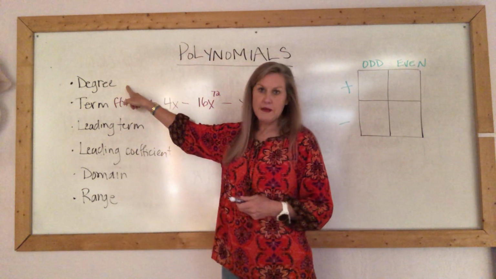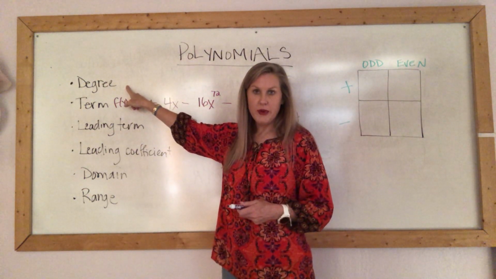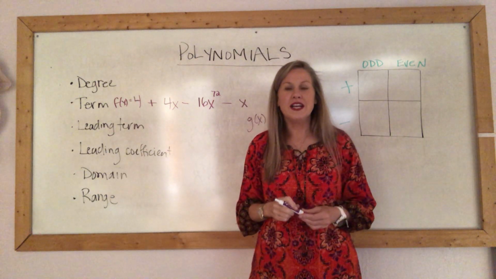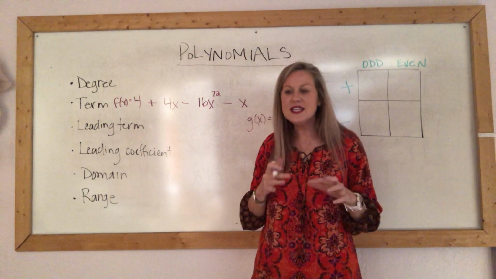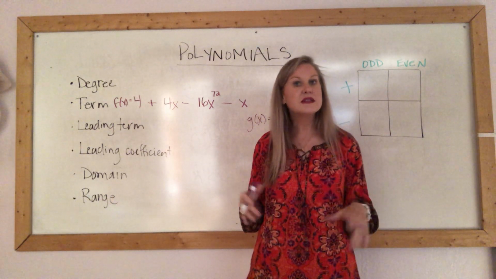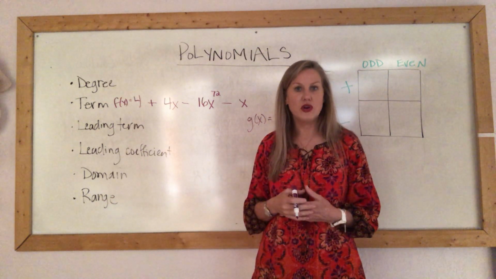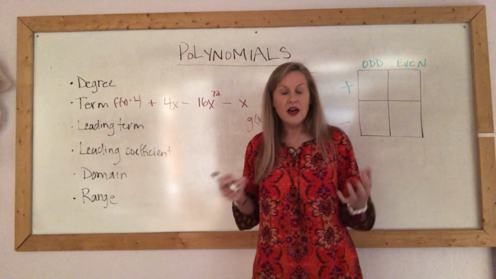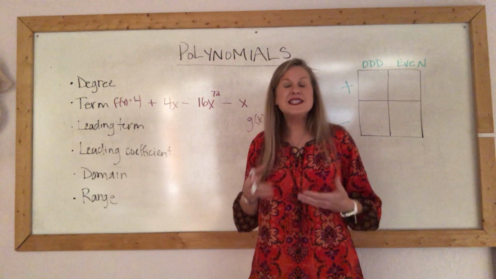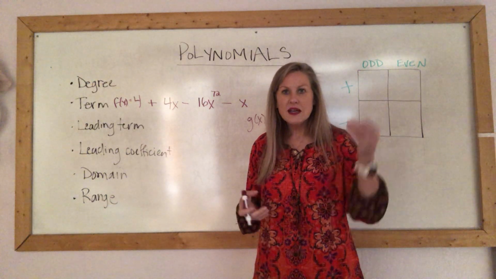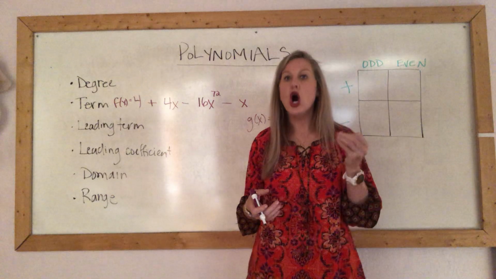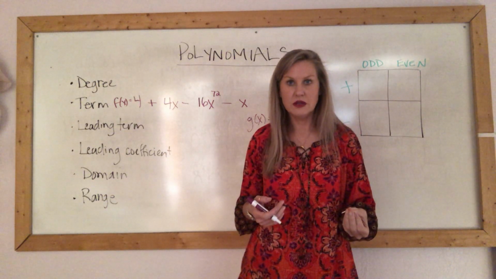Now let's back up and talk about the degree of a polynomial. The degree is like the point guard on an NBA team or the shot caller. He's the one that determines the ultimate behavior of that particular polynomial. So the degree of an entire polynomial is simply the biggest exponent, the value of the biggest exponent on a variable.